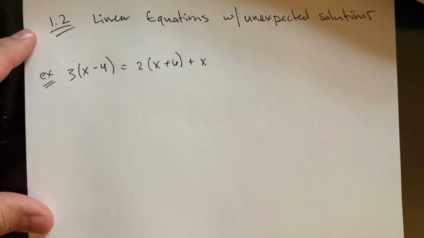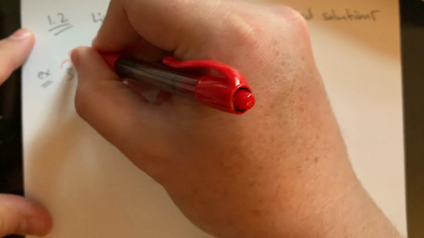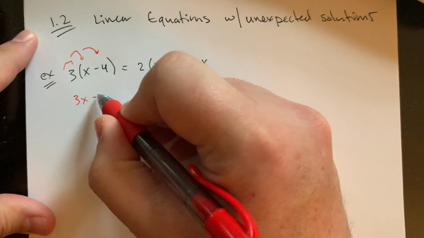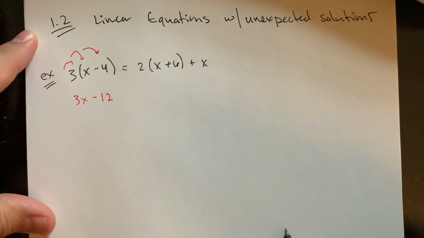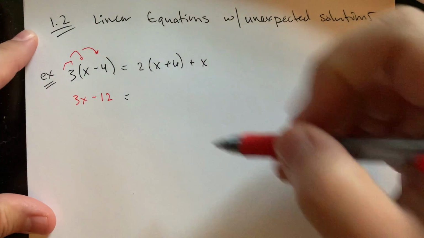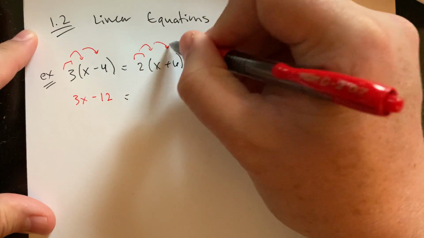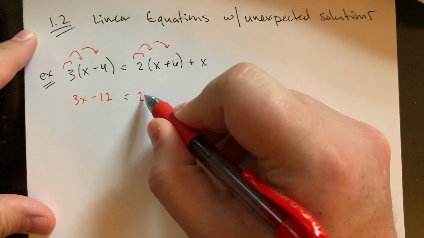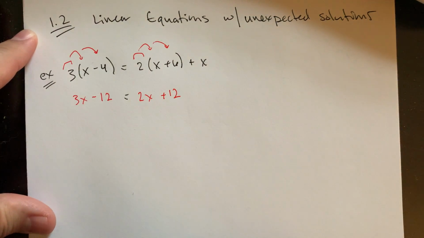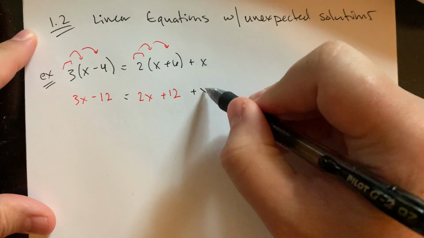So let's distribute to start. 3 times x, 3x, minus 3 times 4, so minus 12, equals, distribute on the right, 2 times x, 2x, 2 times 6, plus 12, and then plus x.